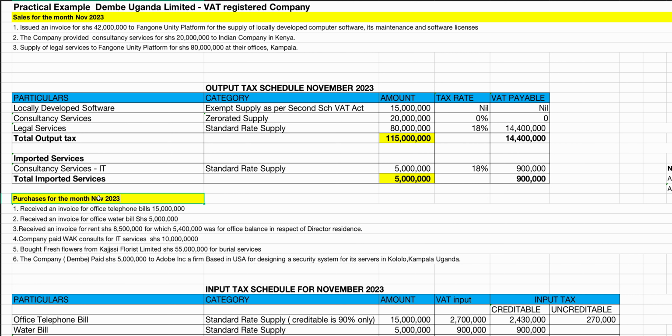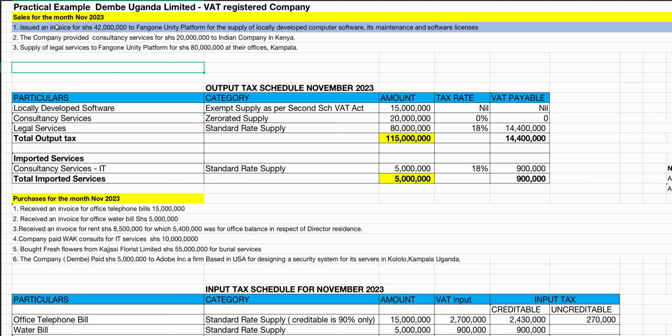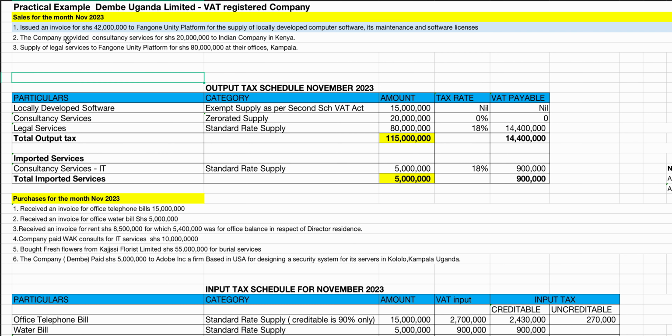So, without wasting time, let's go through the practical examples. These are scenarios which may occur at your workplace. For example, number one says: issued an invoice for shillings 42 million to Fangon Unity platform for the purpose of locally developed computer software, its maintenance and software license.